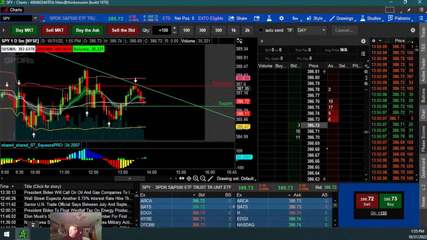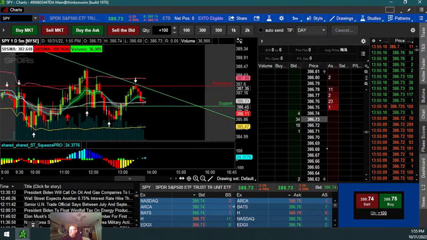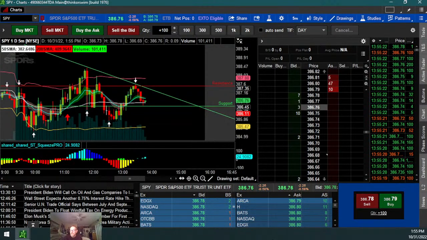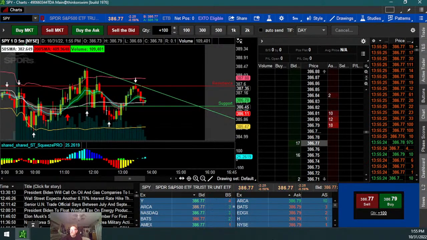The Squeeze Pro is more fine-tuned and designed to find more setups than the original squeeze offers, with more edge on different levels.